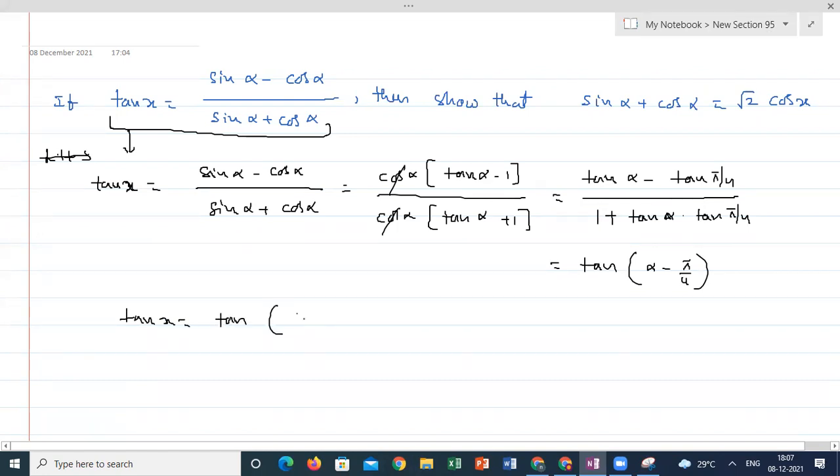Tan x is equal to tan of alpha minus pi by 4, so x is equal to alpha minus pi by 4. Apply cos on both sides.